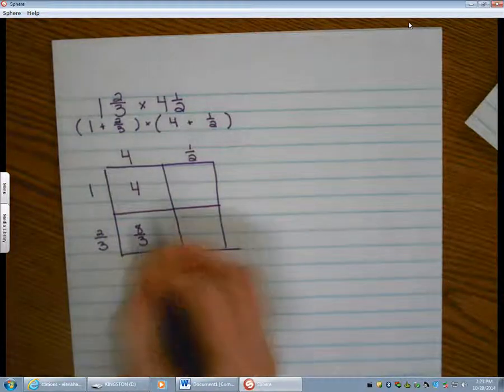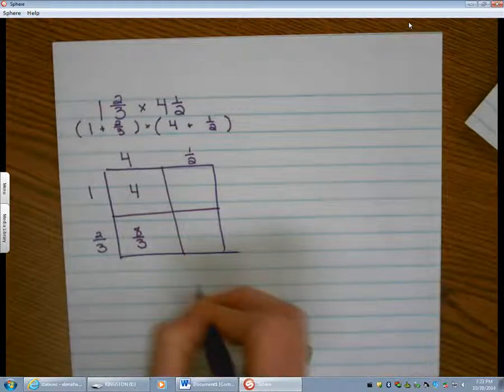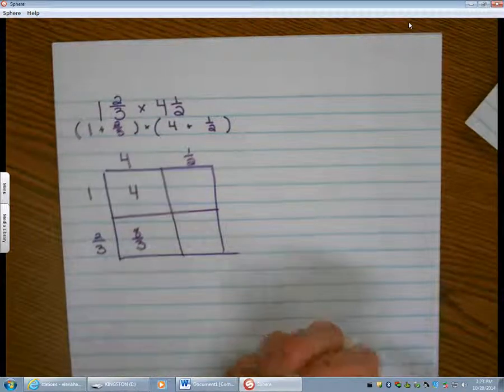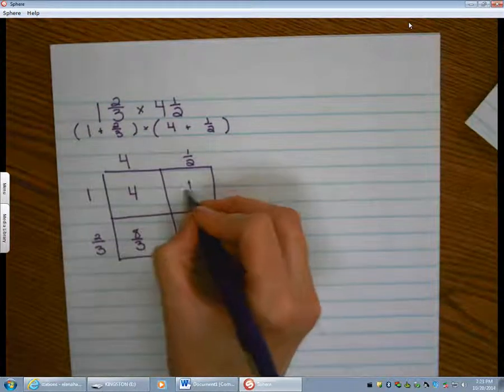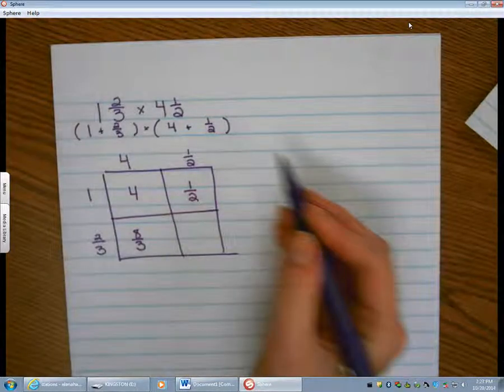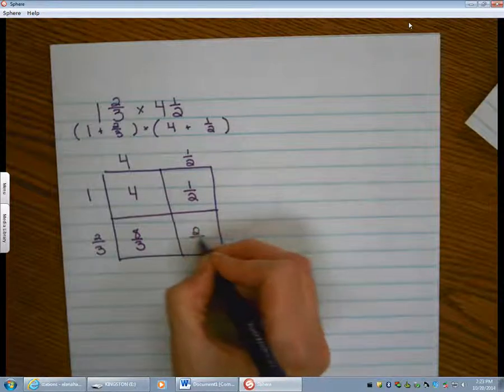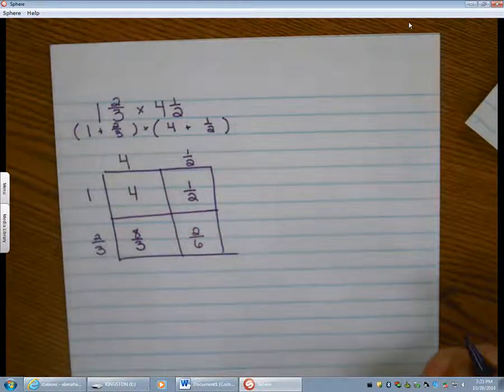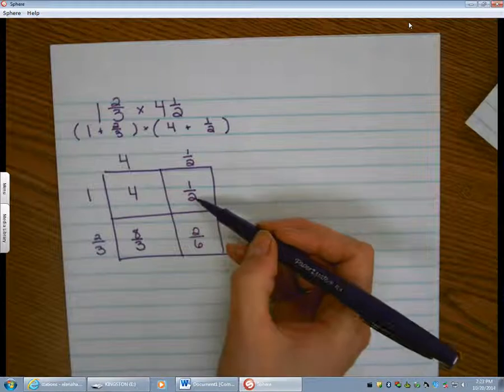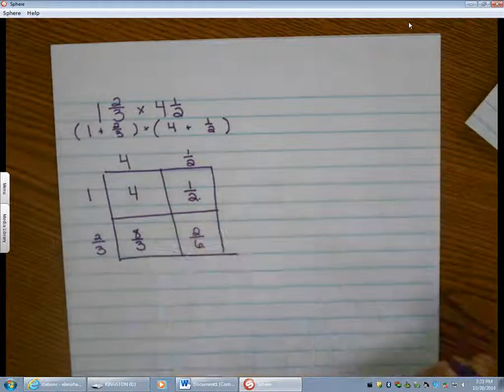It's an improper fraction already in here. I'm going to leave that and deal with that later on. 1/2 times 1 is 1/2. And 1/2 times 2/3 is 2/6. And noticing that my denominators are 2, 6, and 3, those are numbers that are pretty simple for me to find a common denominator.